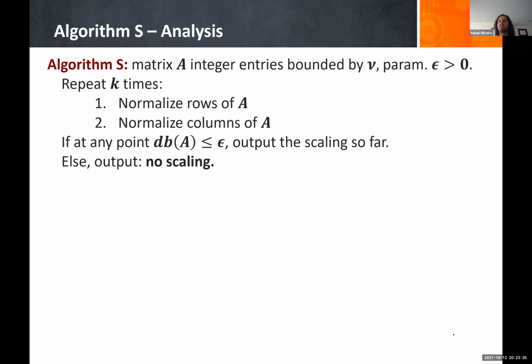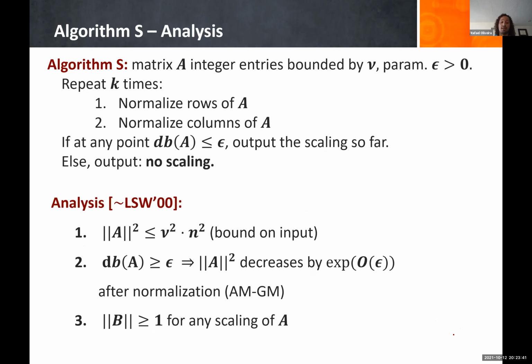And again, what was the analysis of the algorithm S, right? Well, the analysis was analogous to the LSW, which Ankit showed, right? So we look at the norm of our input, and the norm has this bound. The L2 norm, the Frobenius norm of A, is just upper bounded by nu square, and nu here is the maximum absolute value of an entry, times n squared.